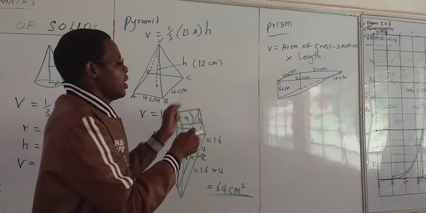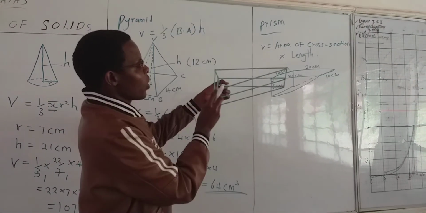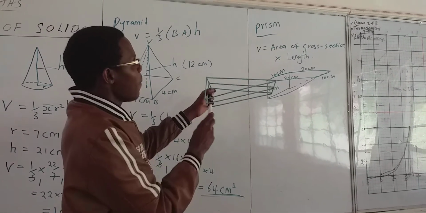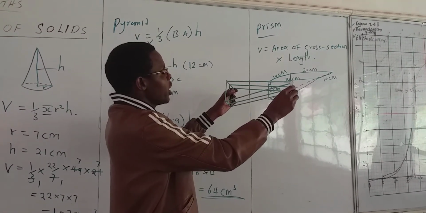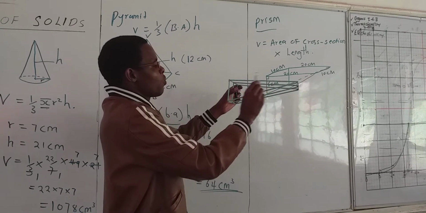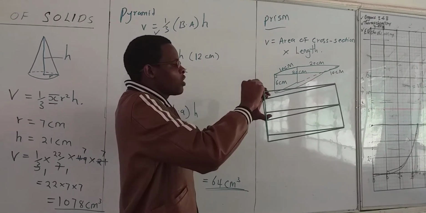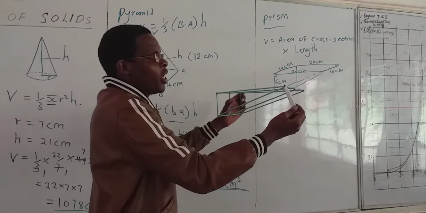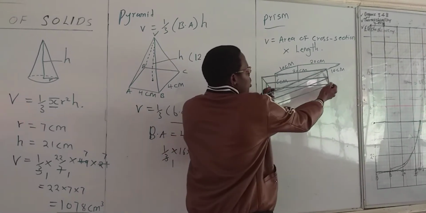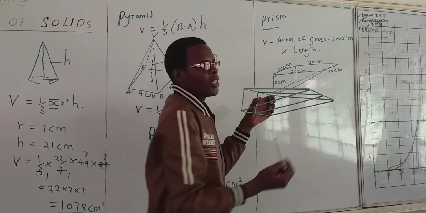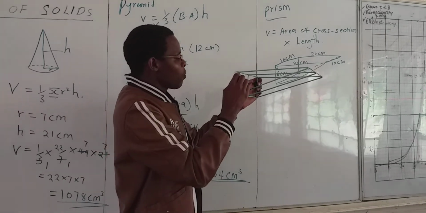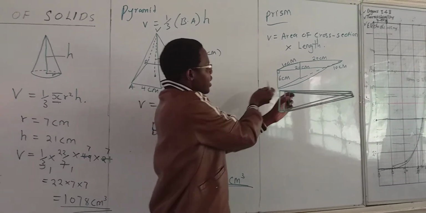This is what I have. In fact, what I've drawn is what I have here. From here up to here is 20 centimeter, which is the same as from here up to here. From this point to this point is equivalent to 10 centimeter. Then from here up to the other corner is 6 centimeter.